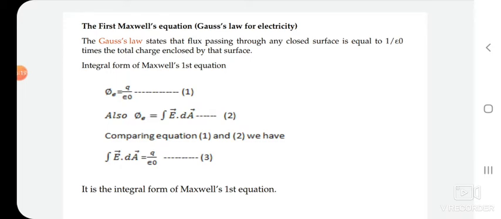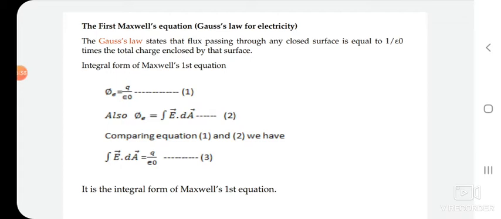Also, that flux can be written in the form of the surface integral of E dot dA. Therefore, equation 1 gives flux phi of E is equal to Q by epsilon naught.